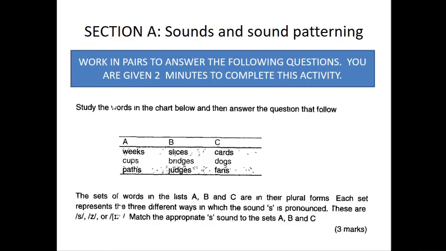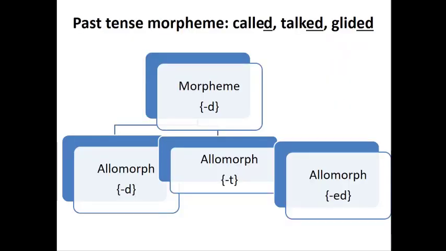Right, we're getting back to allomorphs. We have here the morpheme d and different phonological realizations of the d past tense morpheme. Why not just one? Look, called, talked.